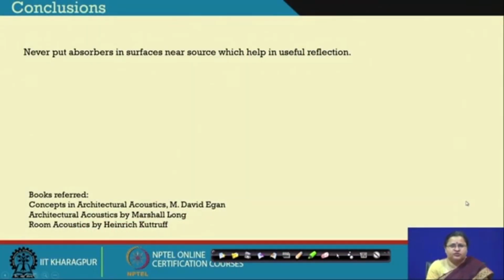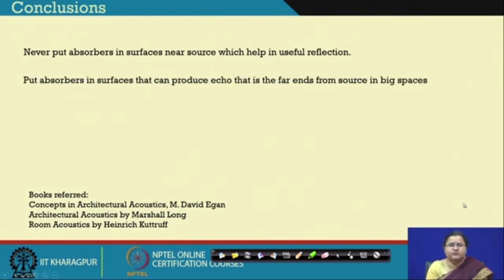So, the conclusions could be drawn like this: we are never to put absorbers in surfaces near source which help in useful reflection. This is summing up of the absorbers. So, we put absorbers in surfaces that can produce echo, that is long delayed reflection of sound, which is particularly at the far ends of big spaces, that is in case of auditoriums, concert halls and multipurpose rooms.